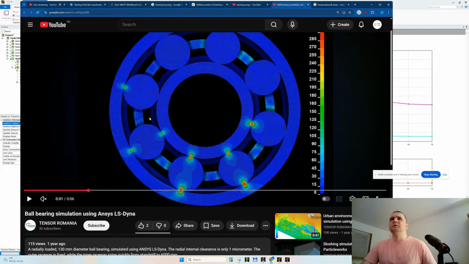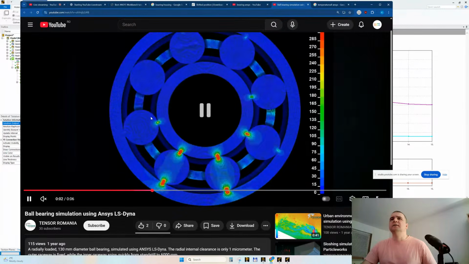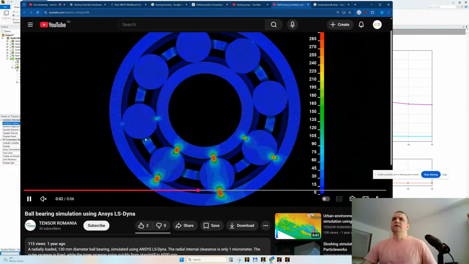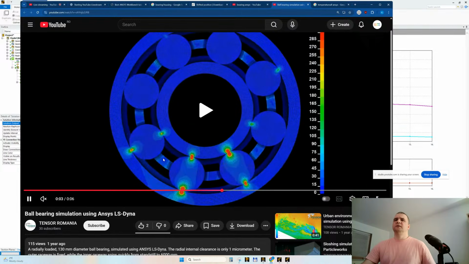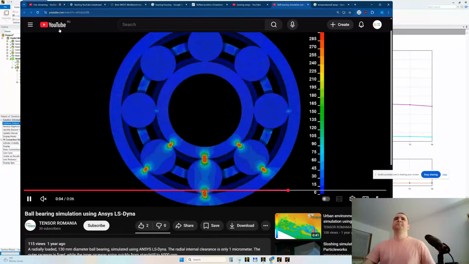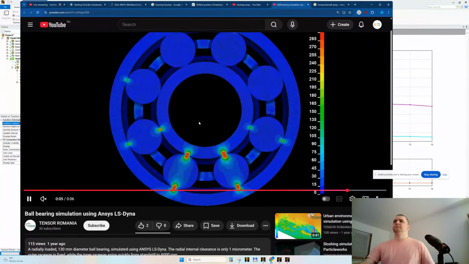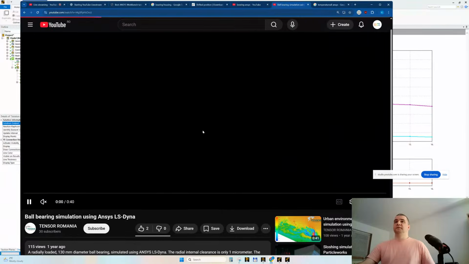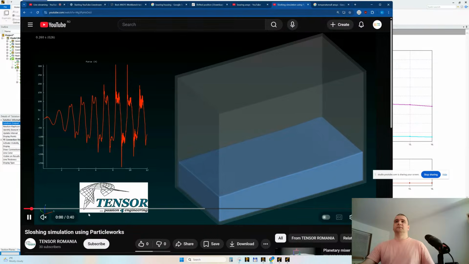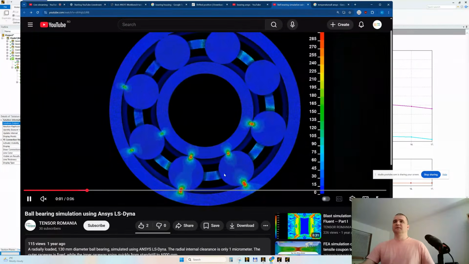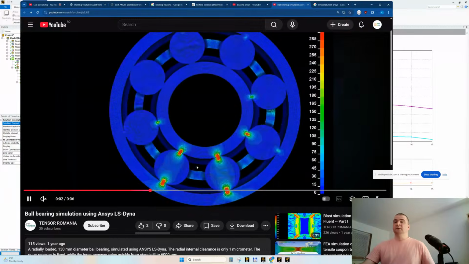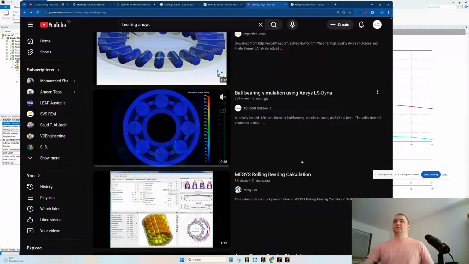It's balls, and they seem to rotate. Judging from the contact patches, the balls rotate. Very nice, and a very thorough simulation. I'm talking about the mesh sizing. It's super professional mesh sizing.